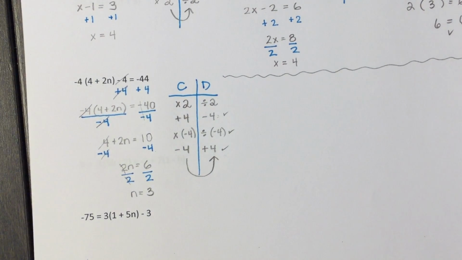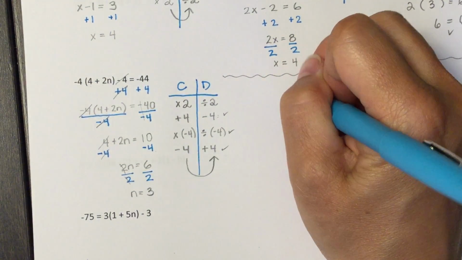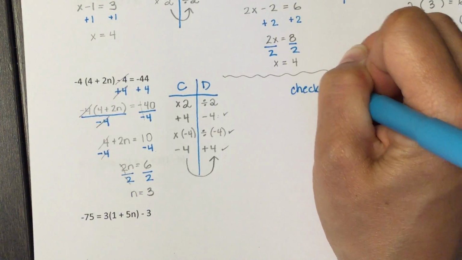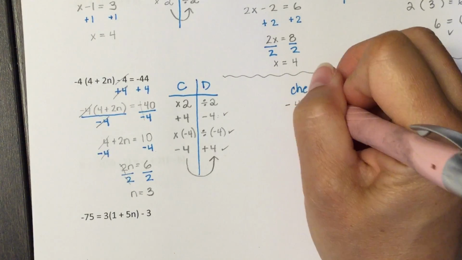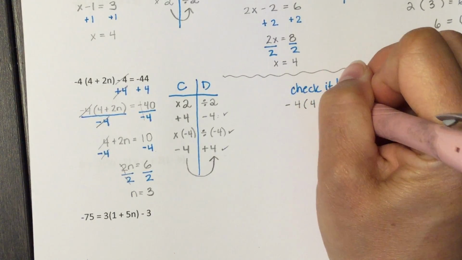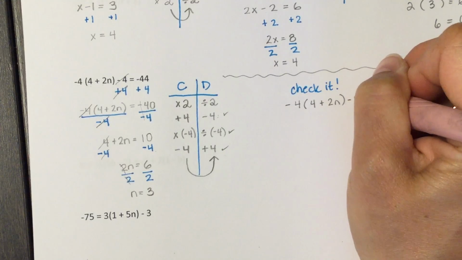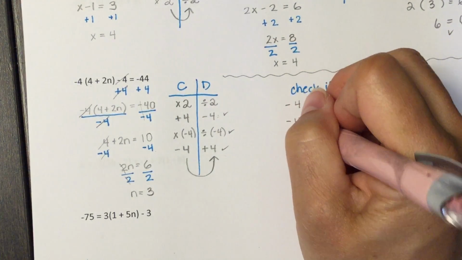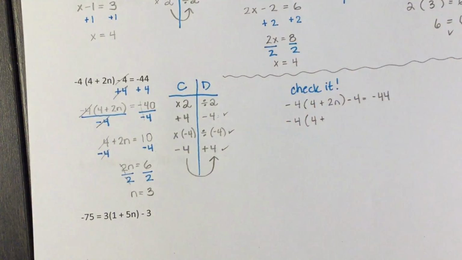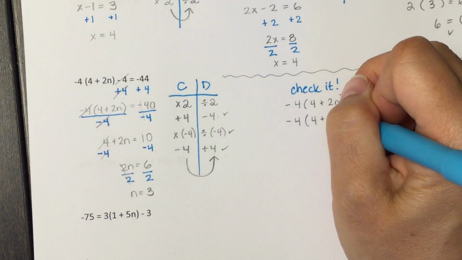And then to check our work, I use my original equation, so minus 4 times 4 plus 2n minus 4 equals negative 44. And I'm going to plug in what n equals, which is 3.